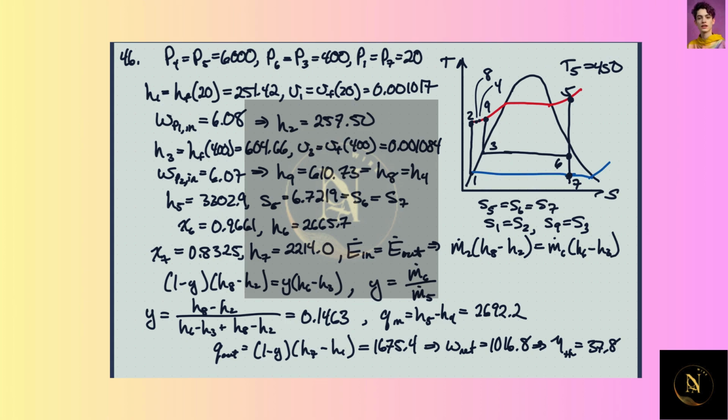So let's see here. Then we can get the entropy at 5, which is the same as entropy at 6 and 7. So now at 6, we have entropy and pressure, so we can get quality factor and enthalpy. At 7, we have pressure and entropy, so we can get quality factor and enthalpy.